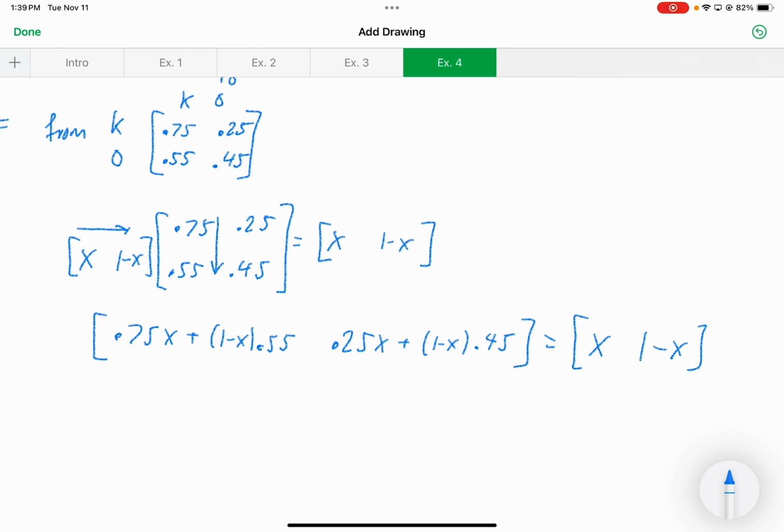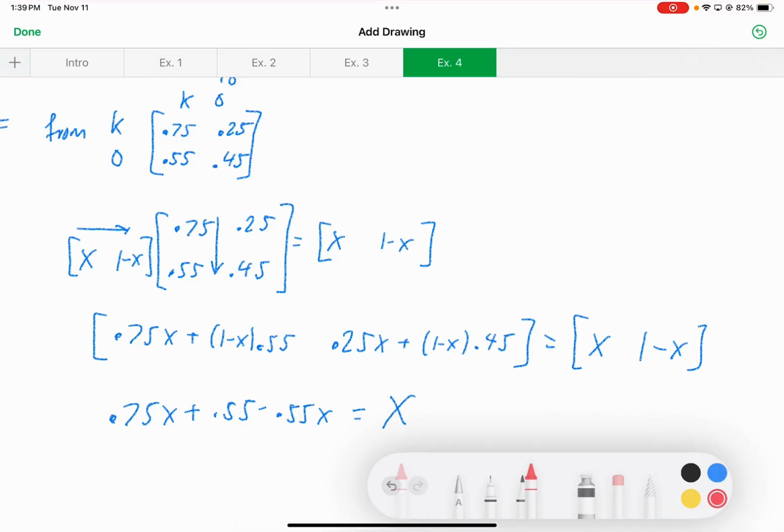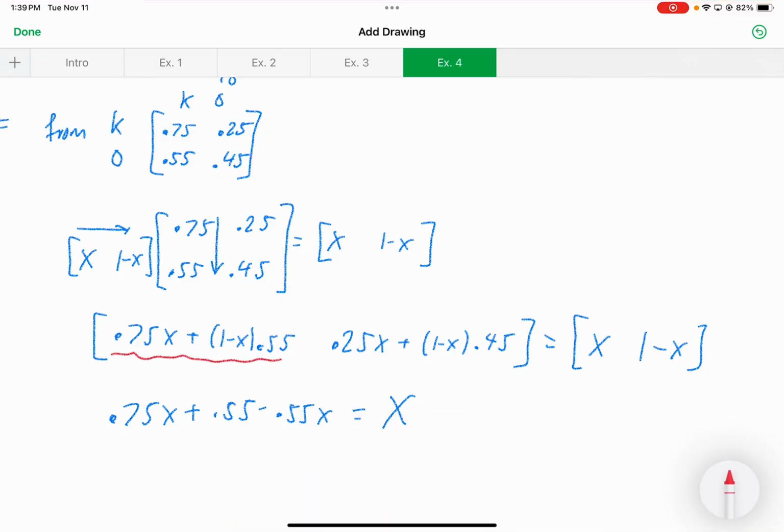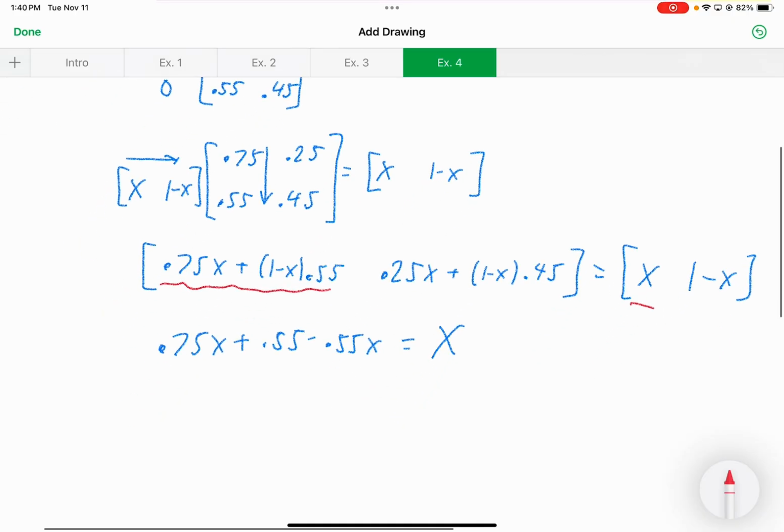Because both of those equations would solve for the same variable X. So I'm just going to take my first entry: 0.75X plus, and then I'm going to distribute 0.55 to each piece, so 0.55 minus 0.55X, and that should equal X. I took this information and set it equal to this first cell entry here, and we solve.